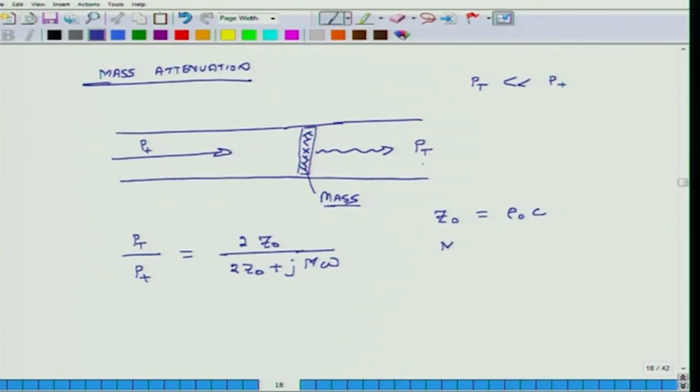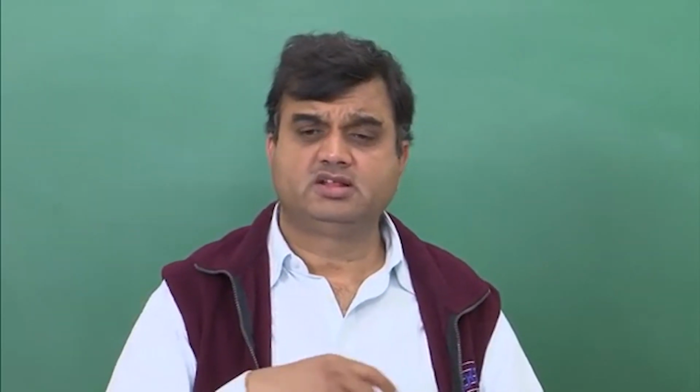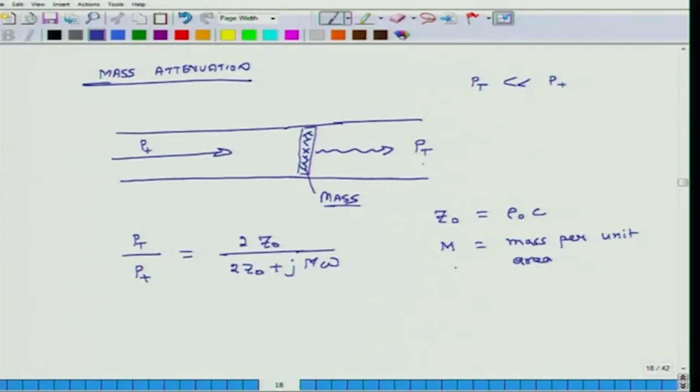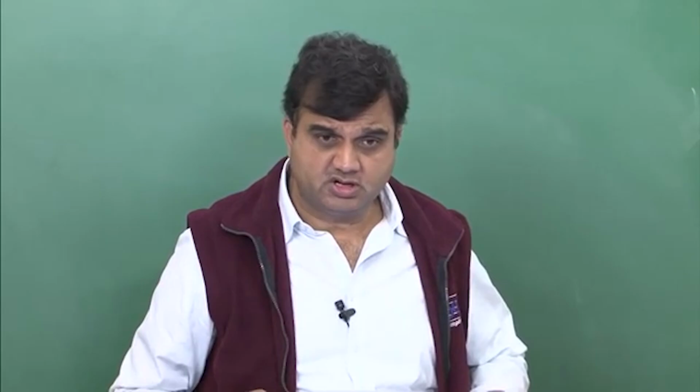M is mass per unit area. So if I am putting a panel here and the panel weighs 100 kilograms and the area of the panel is 5 square meters, then the value of M will be 100 over 5, which is 20 kilograms per square meter.